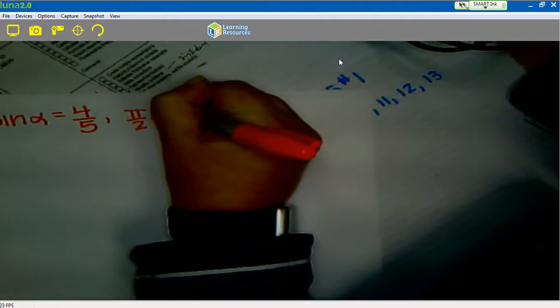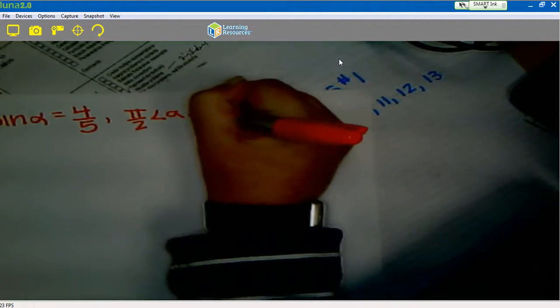So it says, it is known that the sine of alpha is equal to 4/5, and alpha is between pi over 2 and pi.